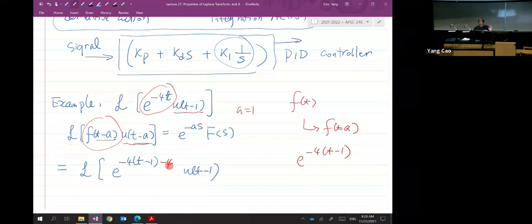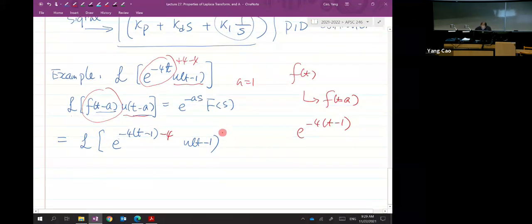Is anyone not clear on this step here? The bottom line is we're not really making any changes, right? We're just adding a 4 and then minus a 4 to this term. But by doing this, for the first term, this is like e to the power of a plus b now.